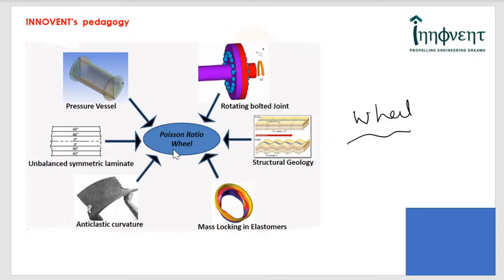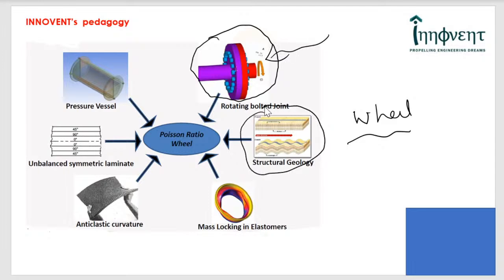Don't think that these are the only applications. The applications can go any number of times. For example, we learnt this today, right? A rotating bolted joint does suffer loss of clamping load because of the Poisson effect. And this effect is also relevant in structural geology.